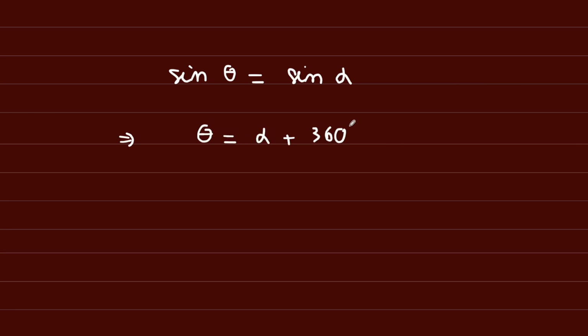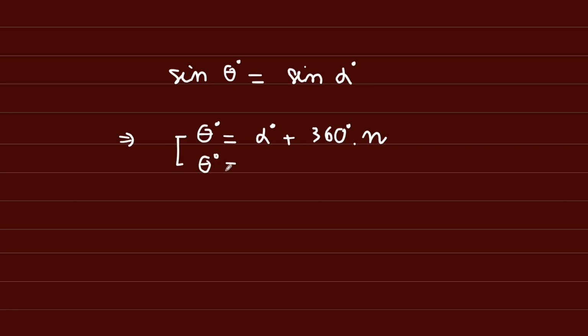And how about the third example? If you have phi or theta, sine theta equal to sine of alpha. Okay, so we have two general solutions. The first one is theta equal to alpha plus 360 degrees multiplied by n, in degrees, and this one also has the same angle unit.